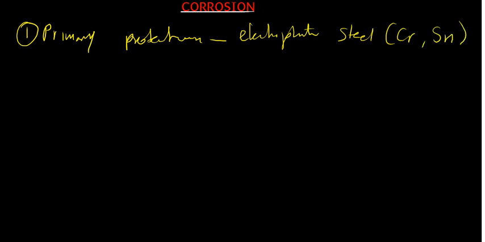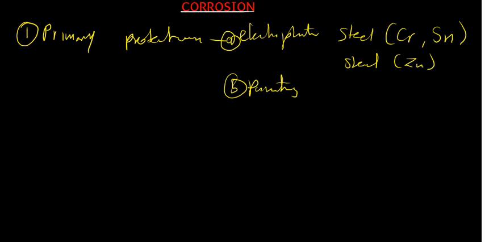You can also plate steel with zinc. So this is primary protection. It is done by electroplating or simply plating, and also by painting. If you paint a metal, at least the paint is going to prevent oxygen from reacting with that metal, hence it will not be oxidized and it will be protected.